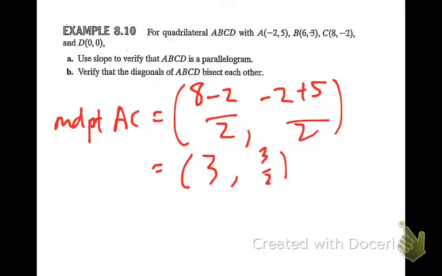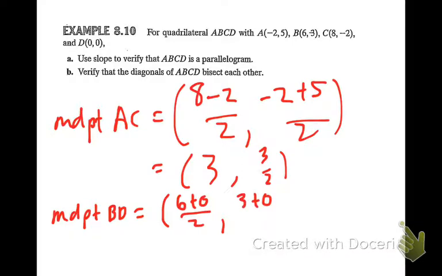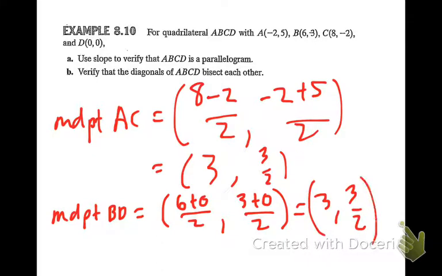Then we do the midpoint of BD, 6 plus 0 over 2, and 3 plus 0 over 2. So that's going to equal 3 and 3/2. Right? So they have the same midpoint. So they bisect.